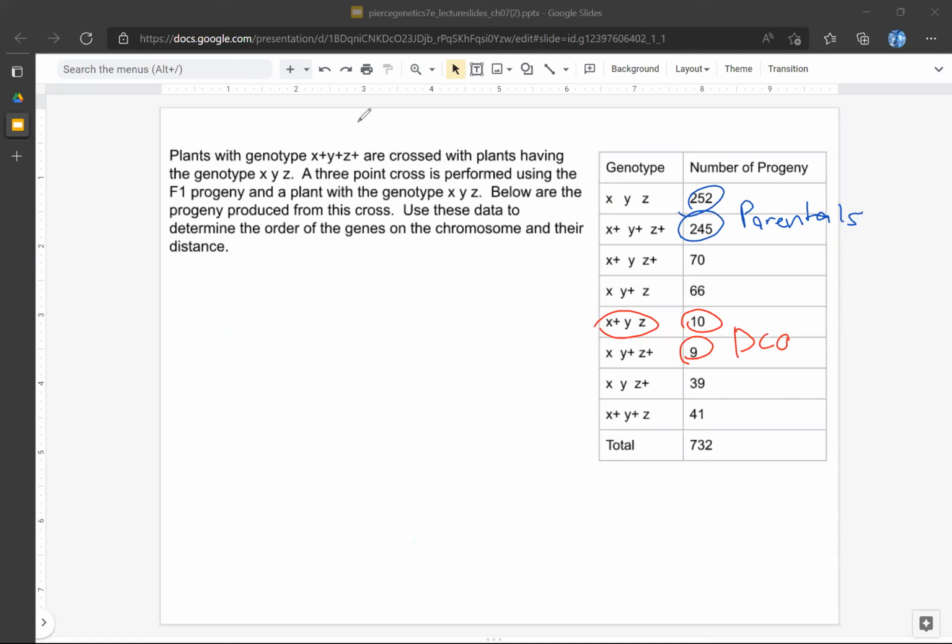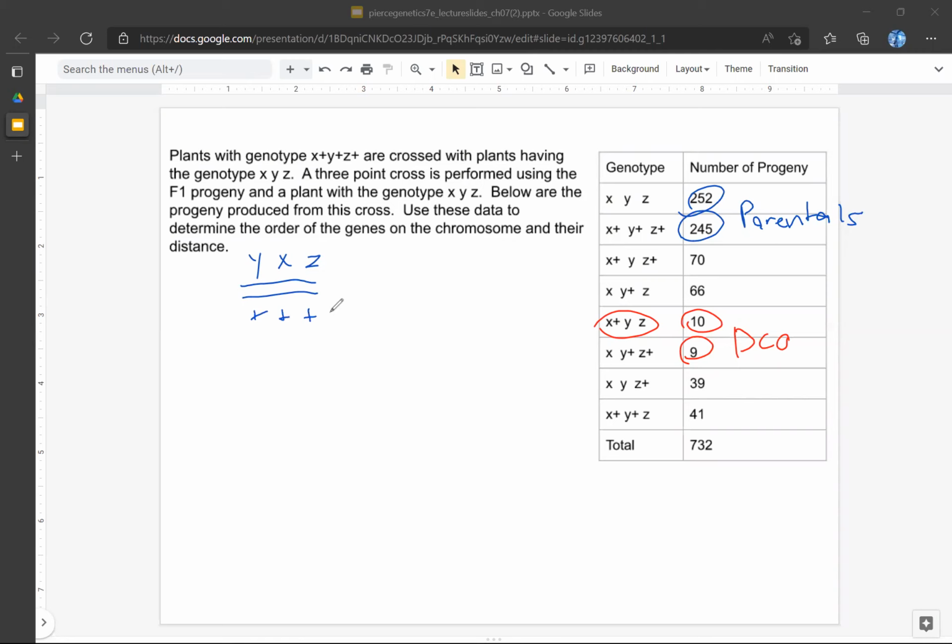So we can rewrite the parentals as being Y, X, Z. Ooh, actually, I always forget to do this. Gotta be consistent with your colors, you know? Y, X, Z as the parentals crossed with plus, plus, plus.